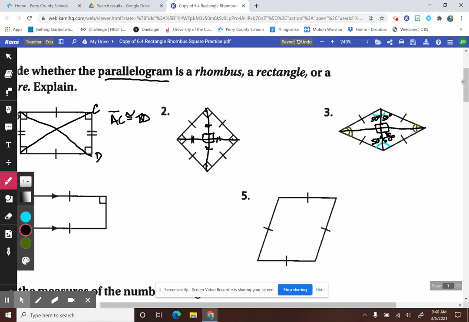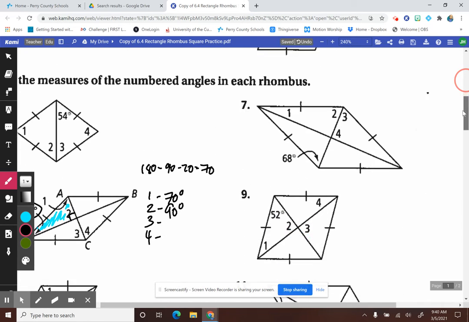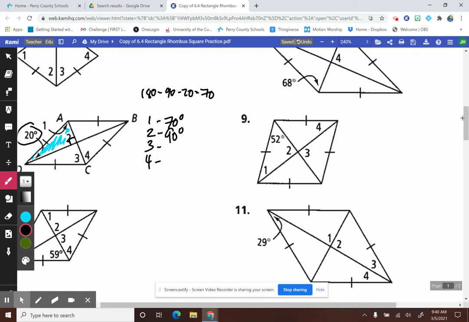So again, you get one piece of the puzzle, and it really helps you to figure out all the other pieces. And so if this angle 1 right here is 70 degrees, then I have to conclude that angle 3 is also 70 degrees, and angle 4 is also 70 degrees. So very quickly, you can see how we work the puzzle and figure out what's what.